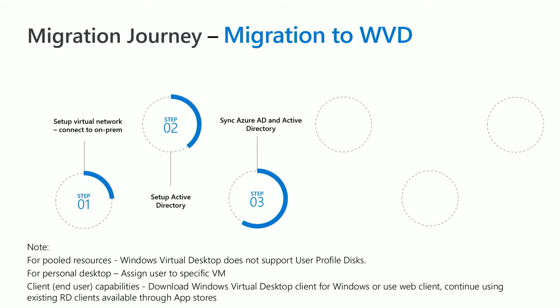By the end of the third step, you would need to have set up your virtual network, connection to your on-prem, user identities and password hashes present in Azure Active Directory, and some kind of local domain controller on the virtual network in Azure. The reason for the domain controller is that today, Windows Virtual Desktop only supports VMs that are Active Directory domain joined, and hence you would need to definitely have some kind of local domain controller.